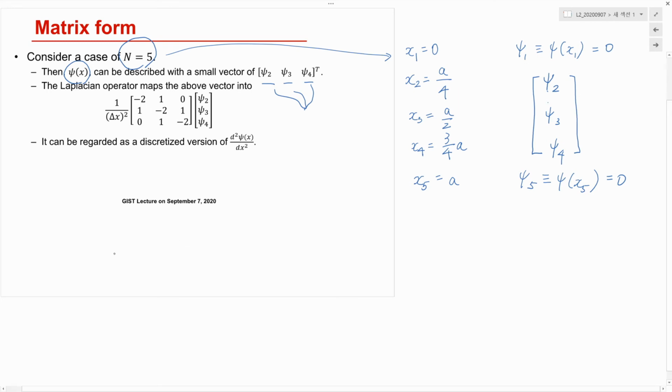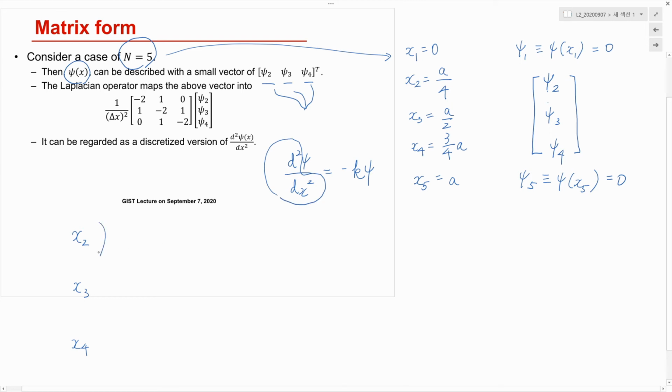So we have to evaluate the Laplacian operator at 3 different positions, like at x equal 2 and x equals 3 and x equals 4. Now we will take the discretized form of this second order derivatives.